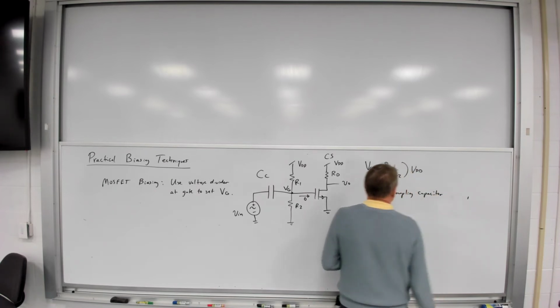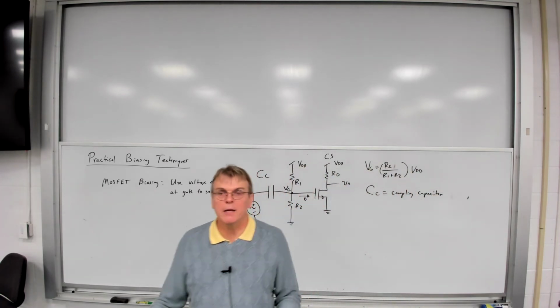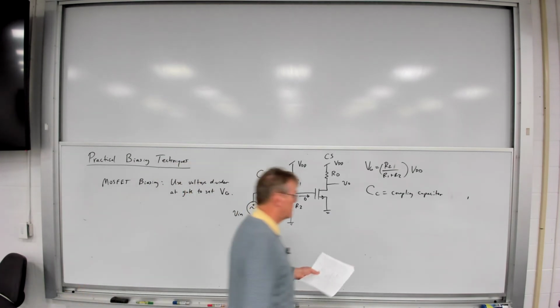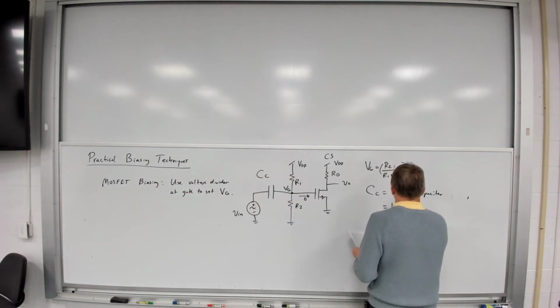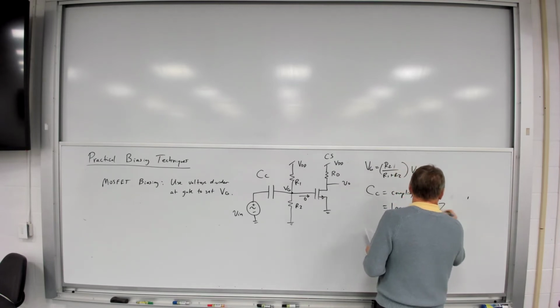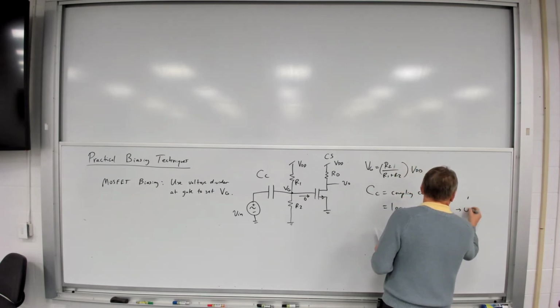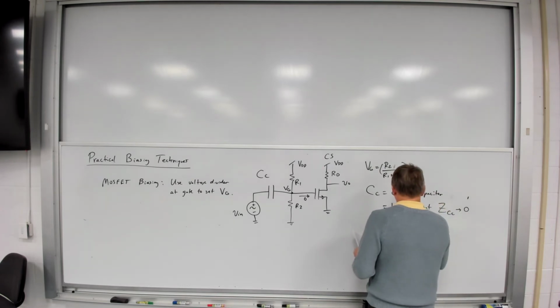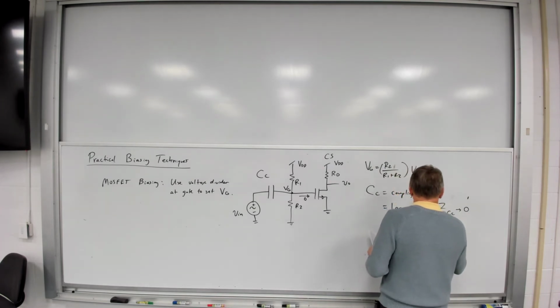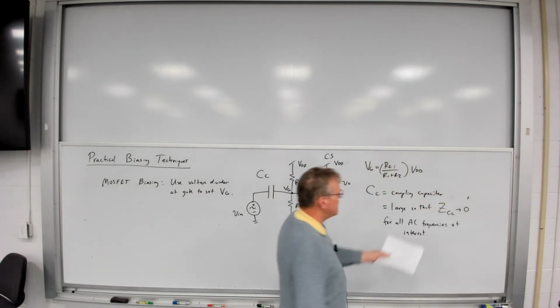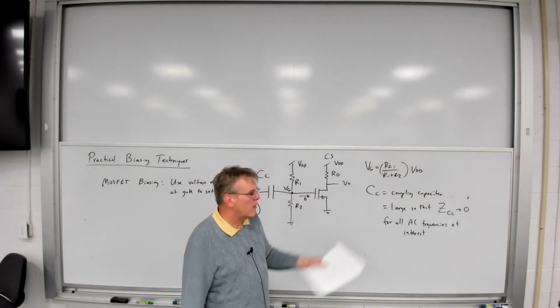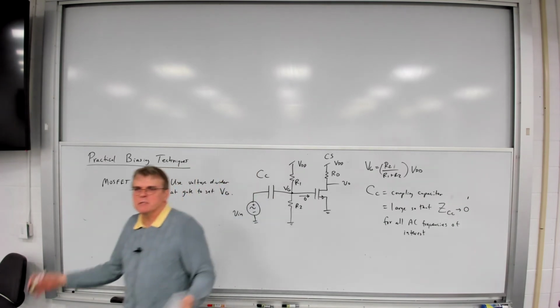C sub C is a coupling capacitor, and typically we make a coupling capacitor large. We make it big enough so that the impedance approaches 0 for all AC frequencies of interest. So we just assume it's a big one.